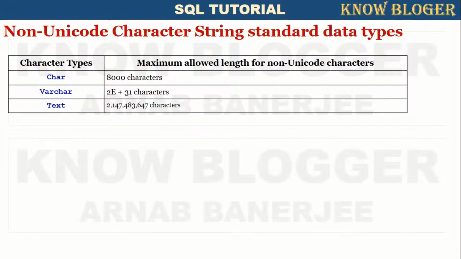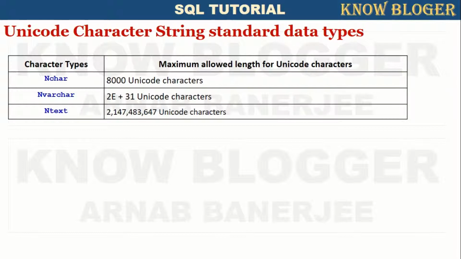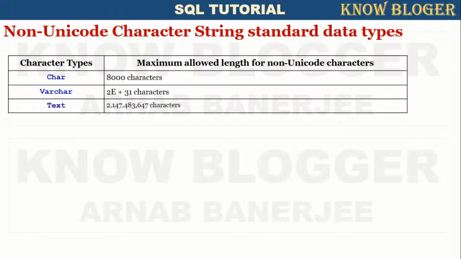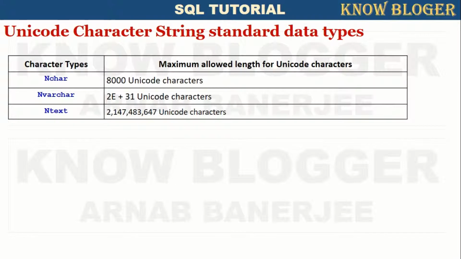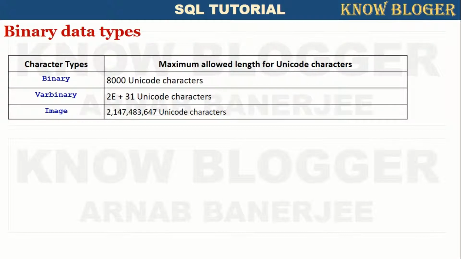Same for non-Unicode character strings: char, varchar, text. Unicode character strings: NVARCHAR, nchar, ntext. What is the difference between varchar and NVARCHAR? VARCHAR holds non-Unicode characters, NVARCHAR holds Unicode characters. The same goes for nchar and ntext. All are capable of holding Unicode characters.